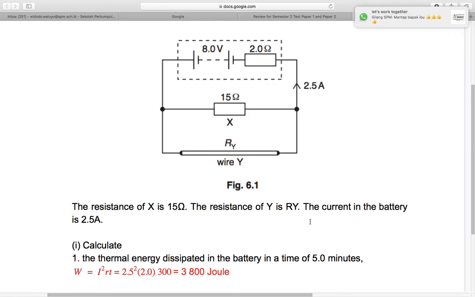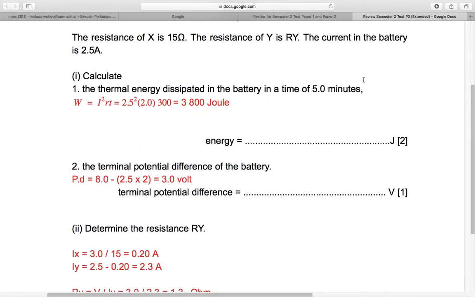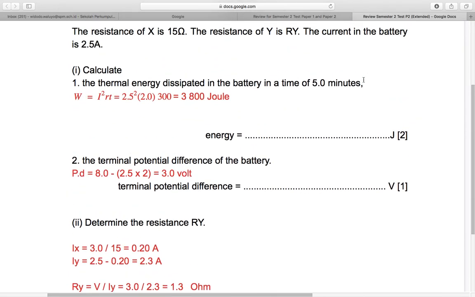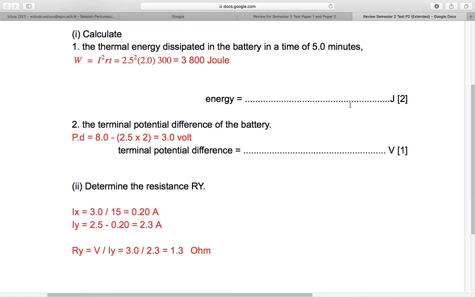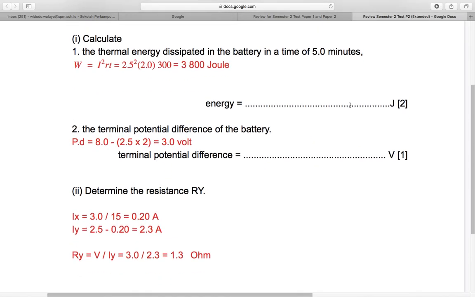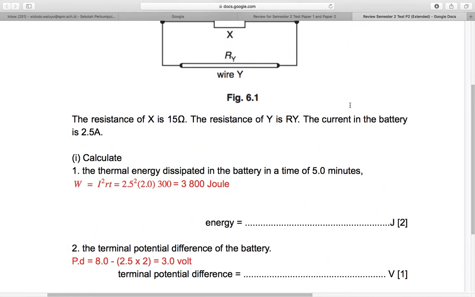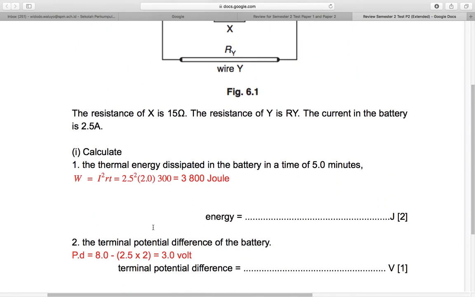Okay, we go to the other question. Question 2: the terminal potential difference of the battery. We go here first.